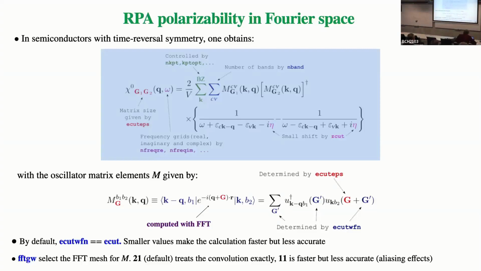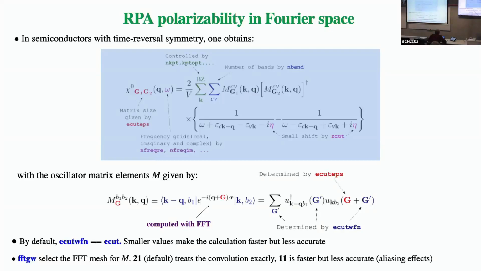Then, if you want to sample the polarizability, there are other variables defining the linear mesh along the real axis, or you can also sample along the imaginary axis. And these M matrix elements are essentially the matrix elements of a plane wave between two Kohn-Sham states, and these terms are computed with a fast Fourier transform instead of using this expression here in Fourier space directly, which requires the evaluation of a convolution.